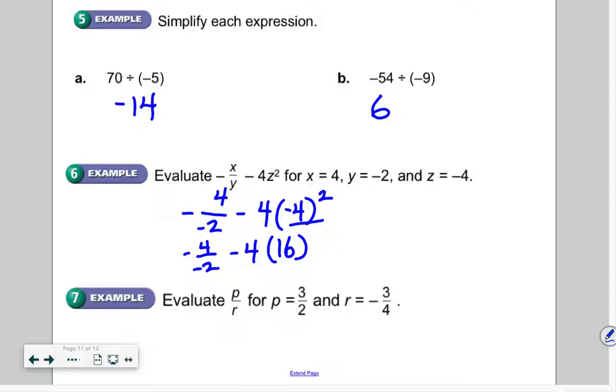Divide. This division question of negative 4 over negative 2 comes first. Notice I'm going to assign this negative sign to that top value. So it becomes a negative 4 divided by a negative 2. Otherwise, I'm likely to forget that negative sign. So what's a negative 4 divided by a negative 2? Positive 2.